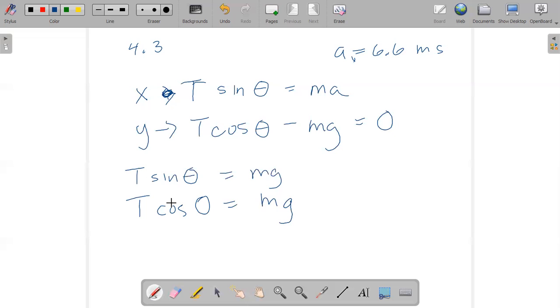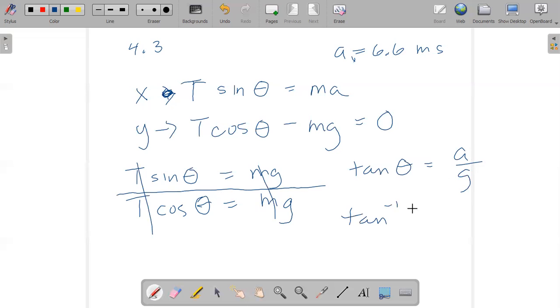All right, and I'm going to divide one by the other. And these T's are going to go, and these m's are going to go. And I'm going to get tan theta equals a over g. And tan inverse of a over g equals theta. And there you go.